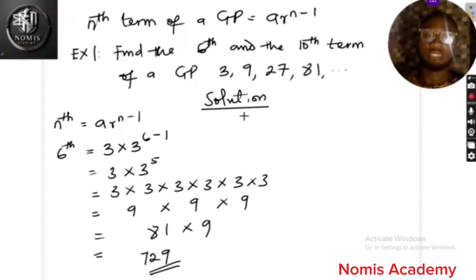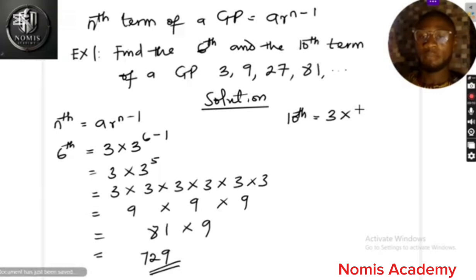What about the 10th term of this GP? Let's do this by the side. The 10th term of the GP will be 3 multiplied by 3 raised to the power of 10 minus 1.